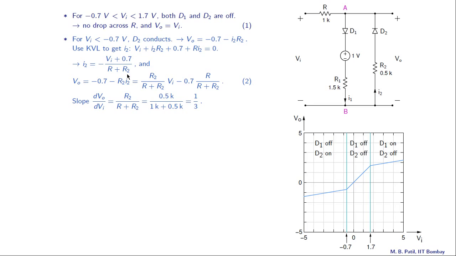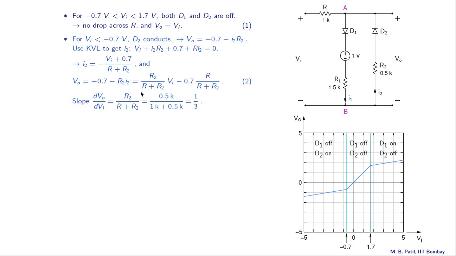Let us substitute this I2 now in this equation for Vo, and that gives us Vo equal to R2 by R plus R2 times Vi minus 0.7 times R by R plus R2. The slope dVo/dVi is given by this factor here.